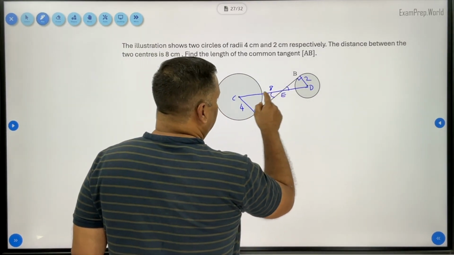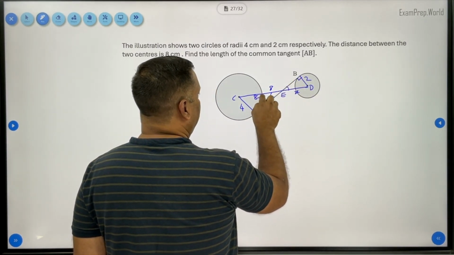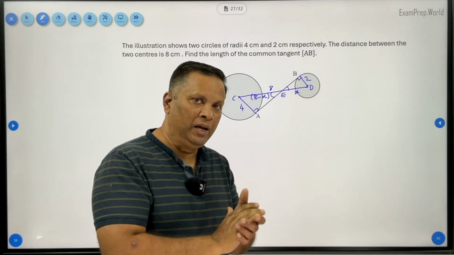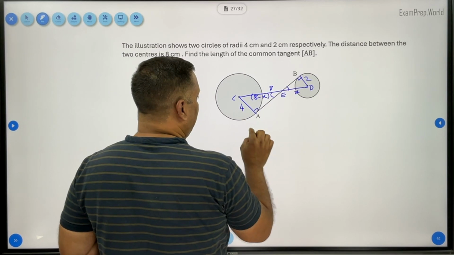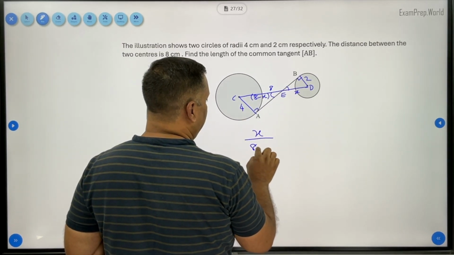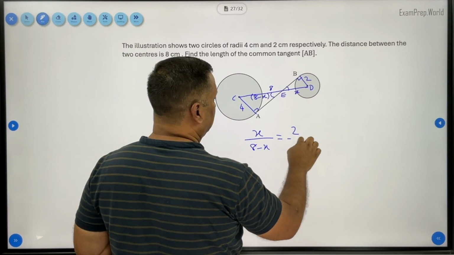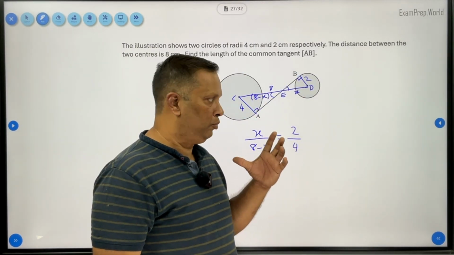Now let us write, if this is 8, I will take ED as x. So this becomes 8 minus x. Correct? Now let us apply the similarity. So x upon 8 minus x equals 2 upon 4. The proportional sides I have written in the same proportion.